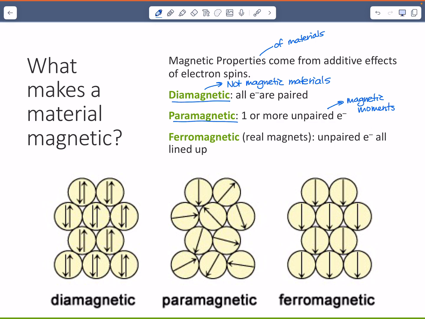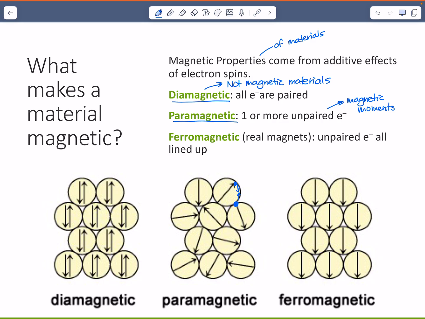So that arrow shows you the direction of the magnet. Right here, this end would be the South Pole, this end would be the North Pole of the magnetic field in that particular atom. And so these things would kind of be attracted to each other.